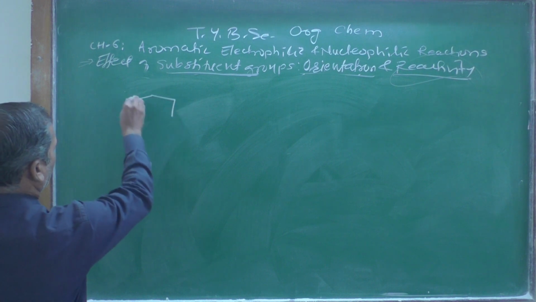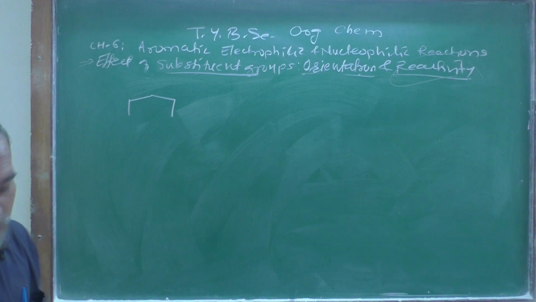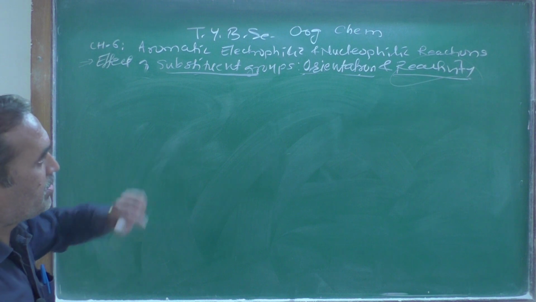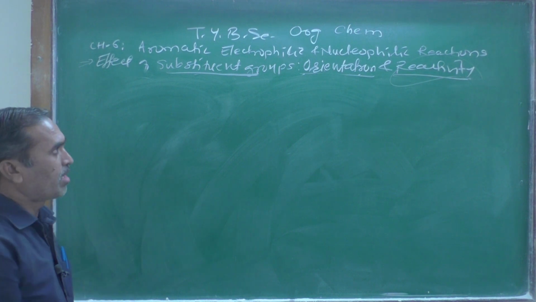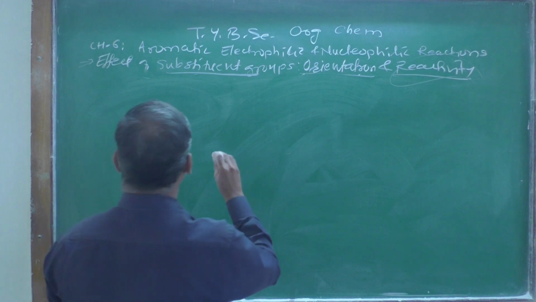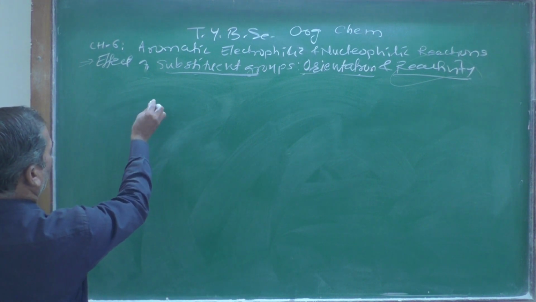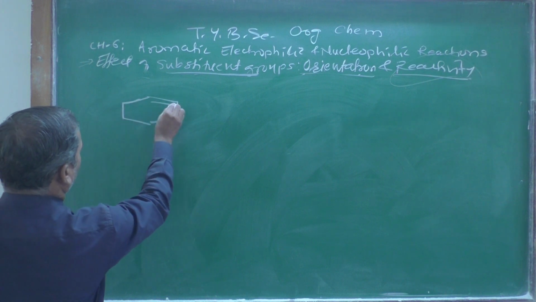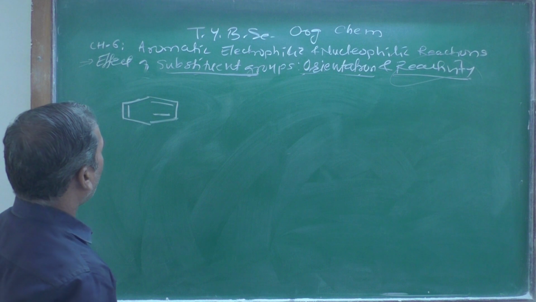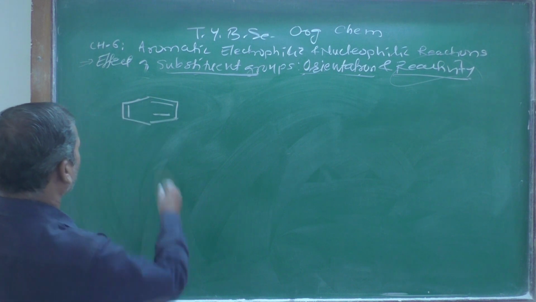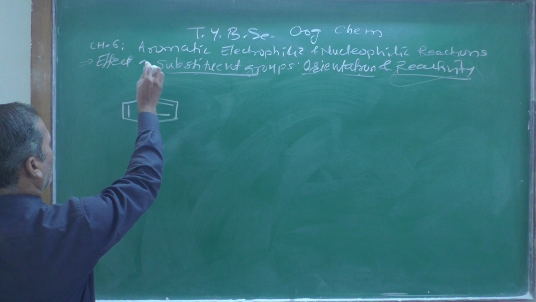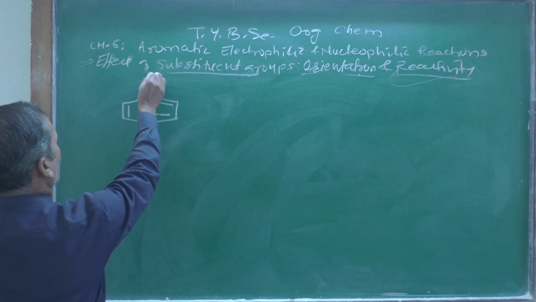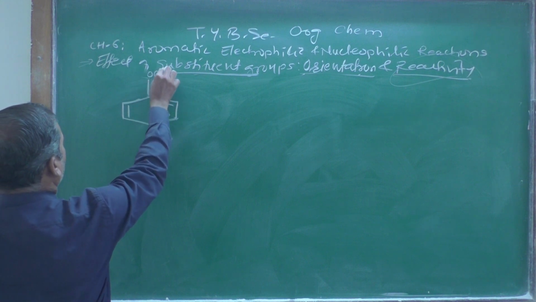For example, we are talking about the effect of the substituent group on orientation and reactivity. You might have learned this one. Suppose we have an electron donating group like OCH3, that is anisole.